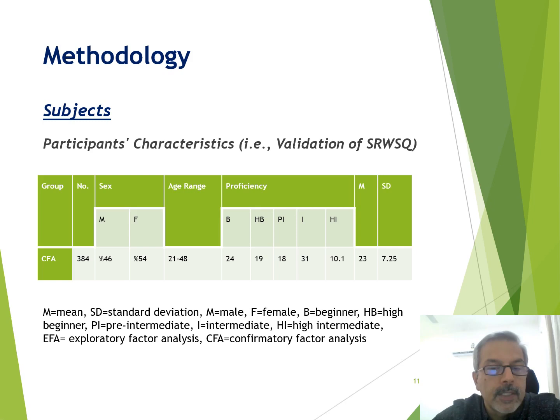So you can see the distribution across different sexes, age ranges and proficiency levels. That is a self-claimed proficiency level, not a standard one. And then you can see the other descriptive measures here.